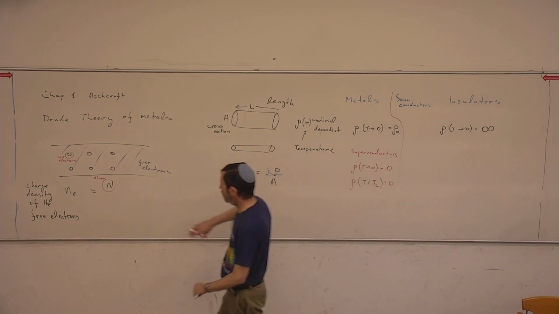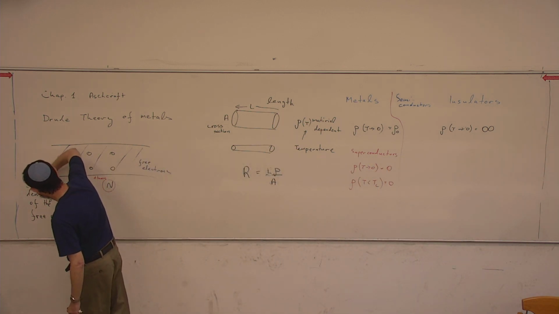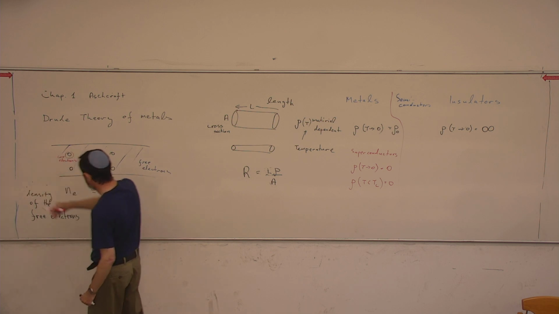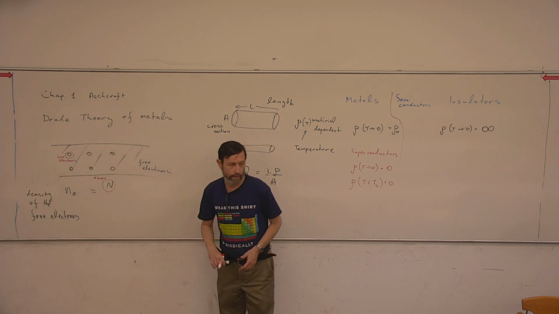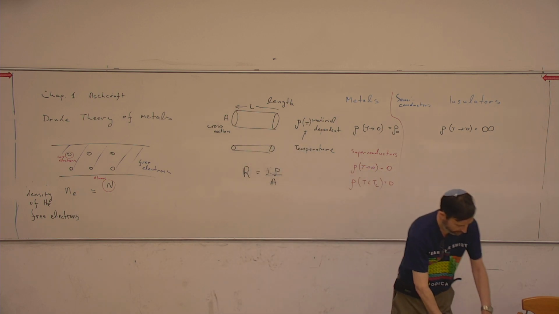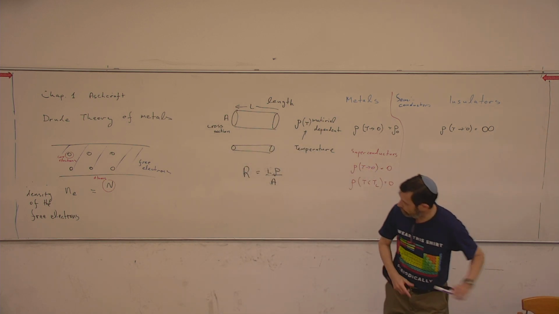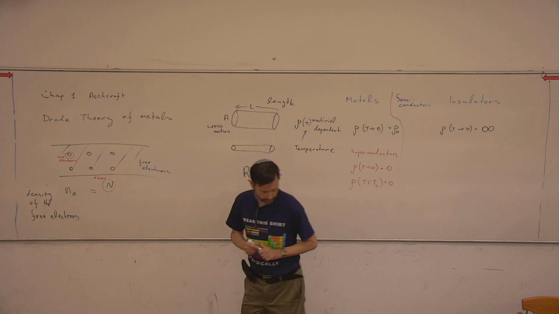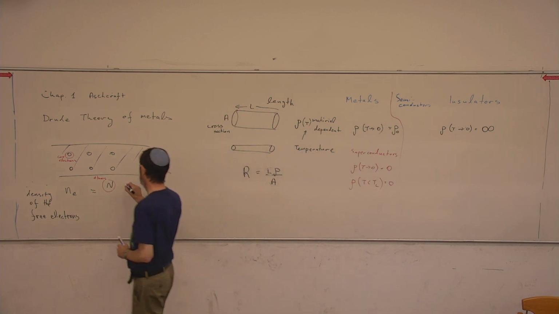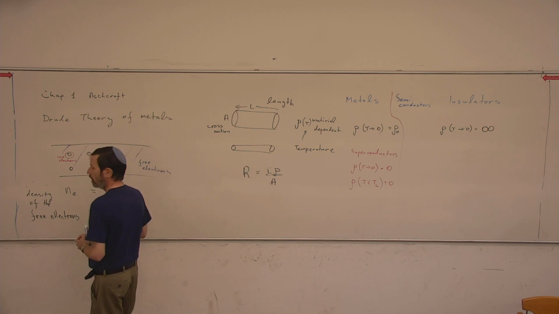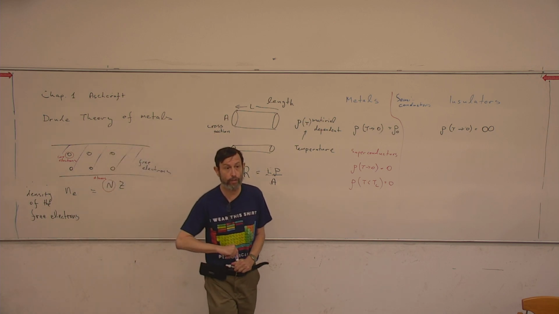Let's start with our definition of the density of the free electrons. N atoms, Z free electrons per atom.